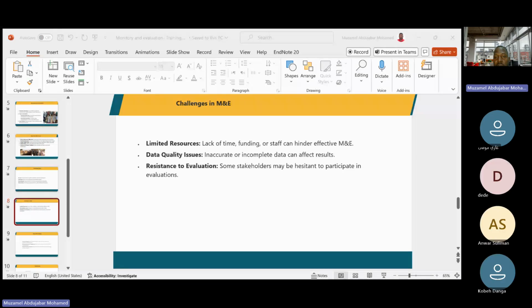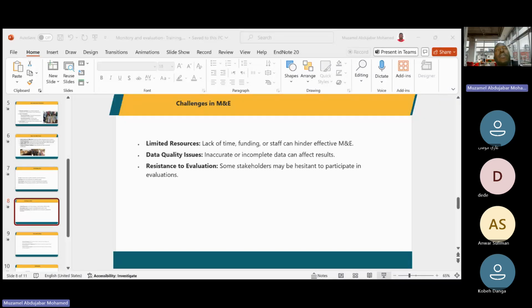It's very important to do the monitoring and evaluation. But unfortunately, due to limited resources, like time or funding, some projects do not have enough funding to do monitoring and evaluation.